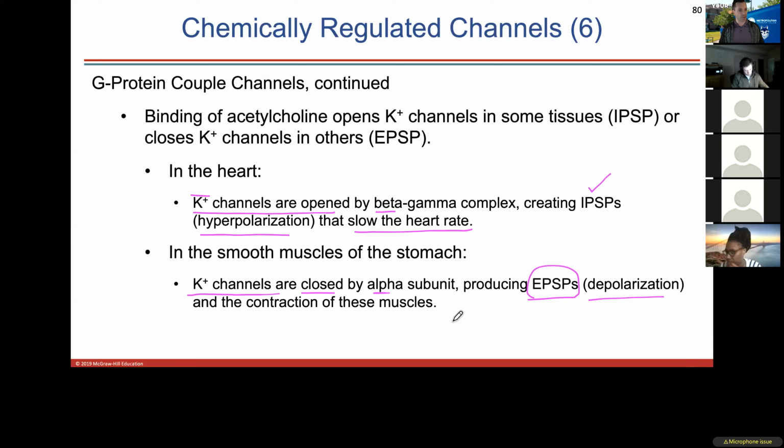If we open up the potassium channel, obviously we hyperpolarize, so we inhibit it, make it more negative, create a longer time to get back up to threshold so it can fire. And when it comes to the heart, slow it down. Okay, slow it down.